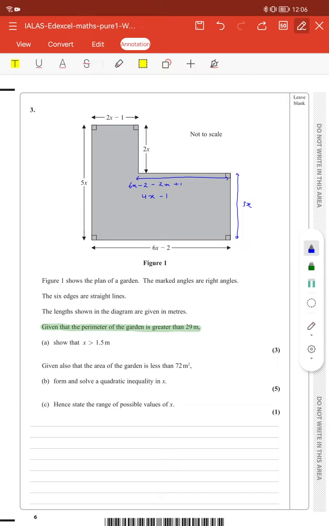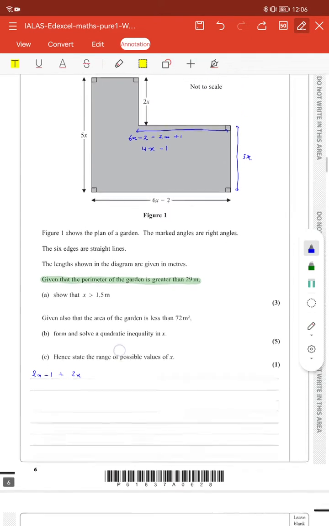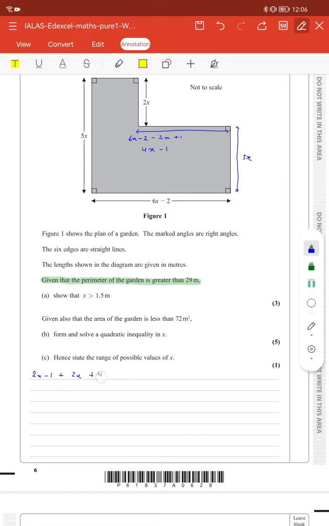So if we were to work out the perimeter, we just need to add all the sides. 2x minus 1 plus 2x plus 4x minus 1 plus 3x plus 6x minus 2 plus 5x has to be greater than 29.